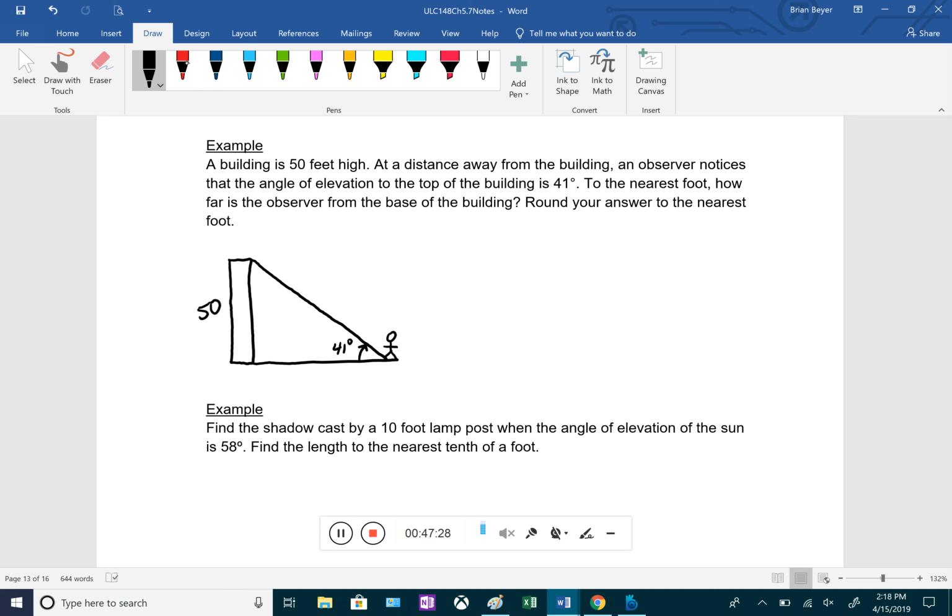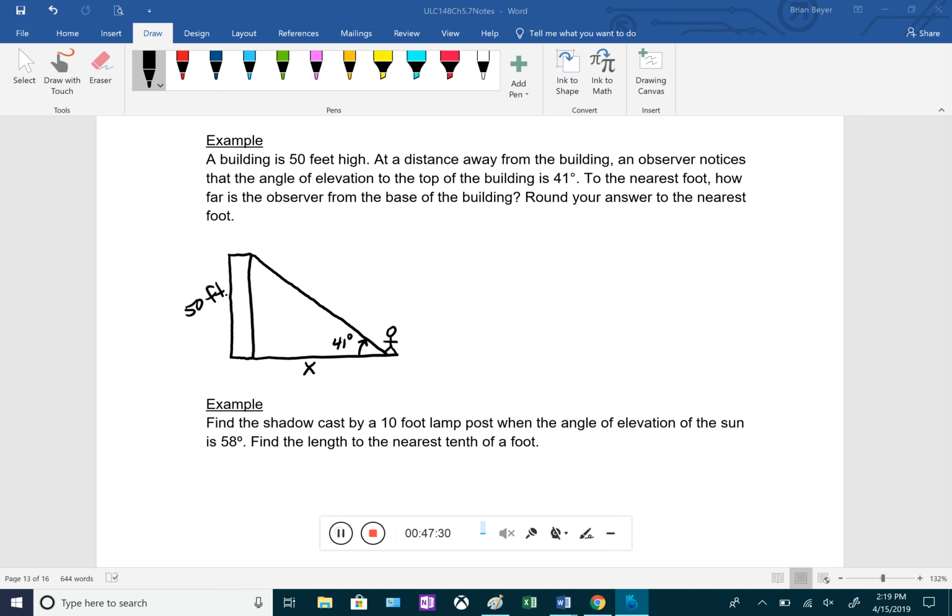Okay, so we also have a right triangle here, which is really important or we couldn't do this. For our angle, we have the adjacent side and the opposite side filled in. So 50 is opposite, x is adjacent, which means we're going to use tangent. Tangent of our angle, 41 degrees, equals opposite over adjacent.